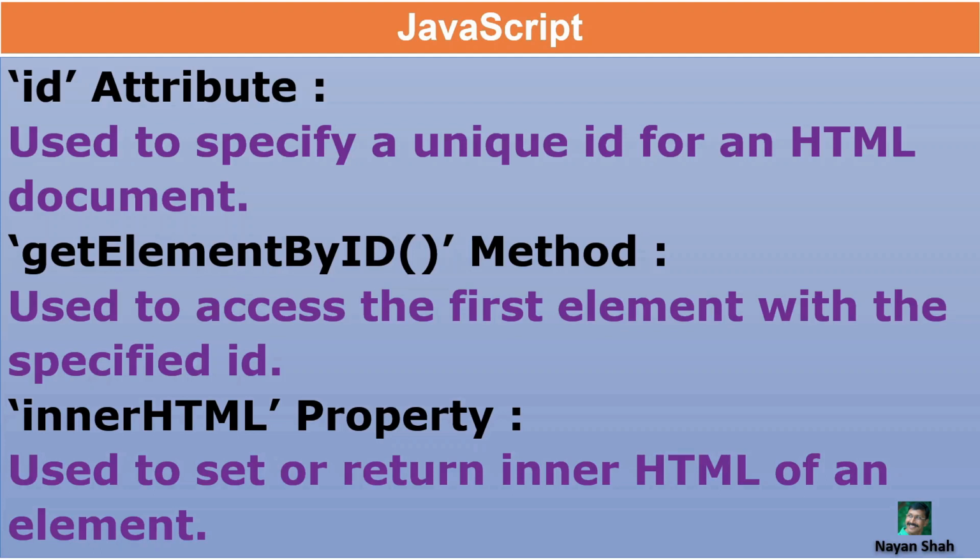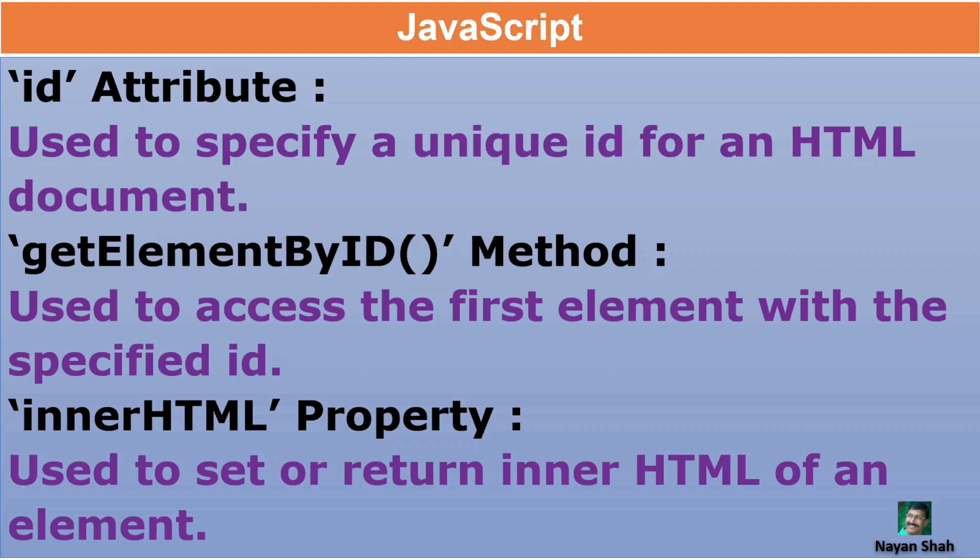And another thing to observe is that JavaScript is a case sensitive language. In getElementById, you see the first character of every word is capital except the first word. So get is in small letter, then Element, E is capital, By, B is capital, and ID is fully capital, because ID is actually a short form of another word.